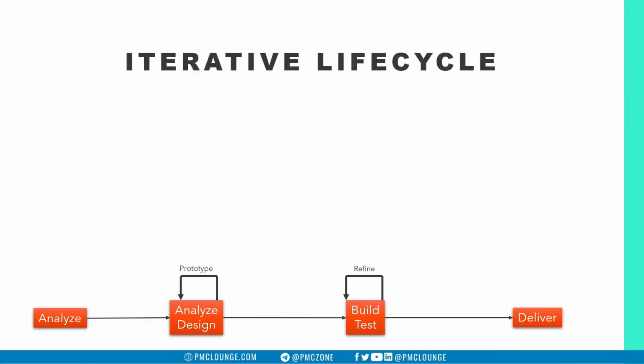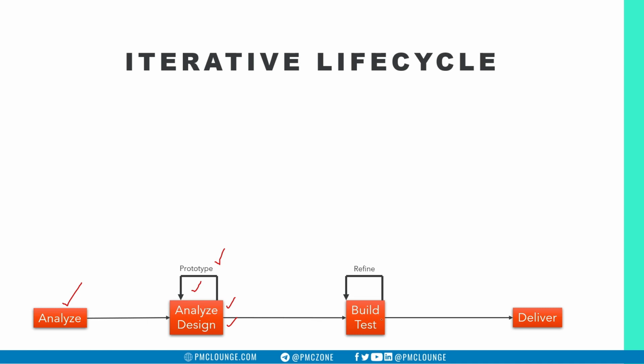And this is how the iterative life cycle looks. You first have the analysis phase where you are analyzing requirements. Then you perhaps do a design and create a prototype. This arrow represents a feedback loop, so you get some sort of feedback and you might improve your design.